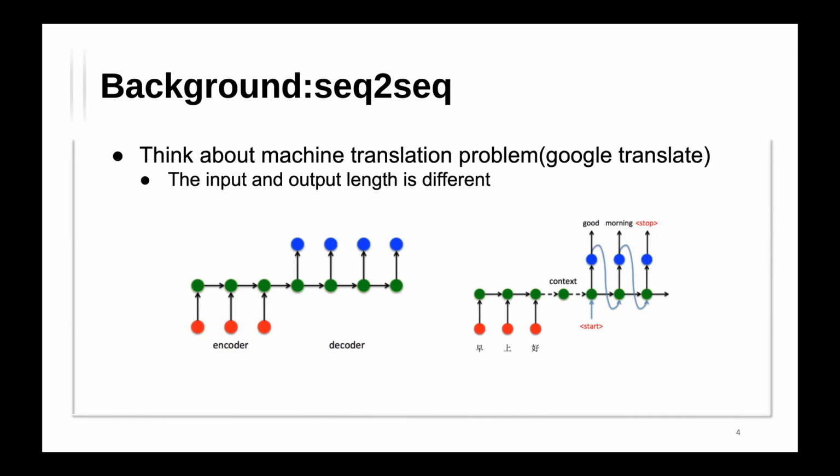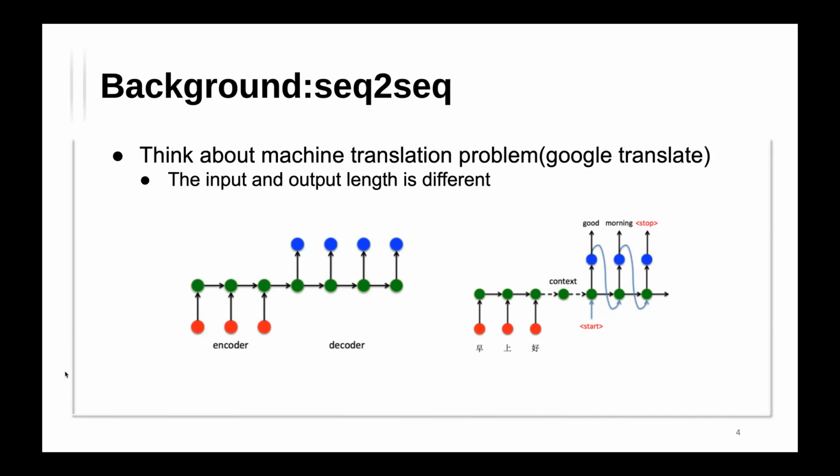Usually neural networks for machine translation are based on this encoder-decoder structure. The encoder takes in all the input and recursively encodes it into a fixed size context vector.